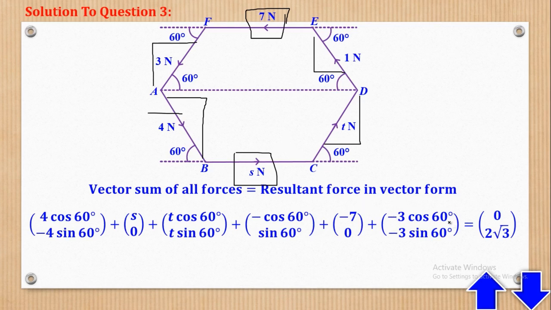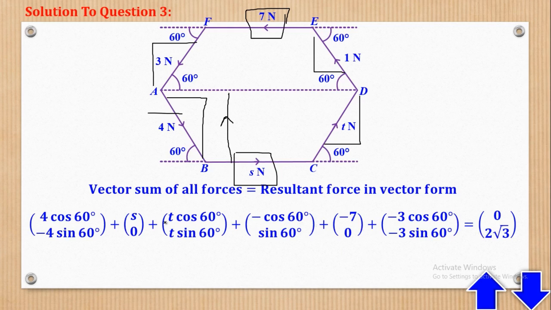Then for the resultant they said is perpendicular to BC. So if this is BC, then perpendicular will be in that direction because they have to originate from a common point. Therefore, this means that it's entirely vertical, and therefore horizontal will be 0 and vertical will be 2 root 3.